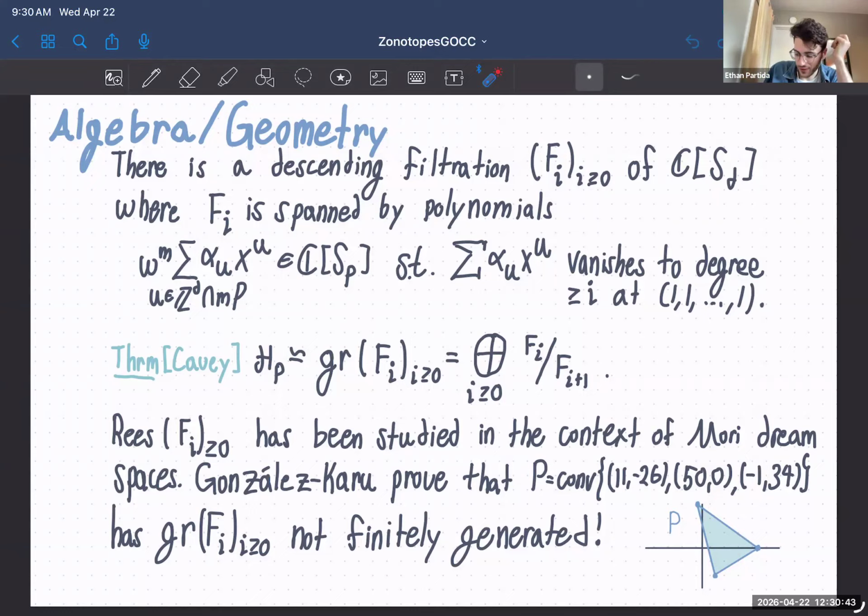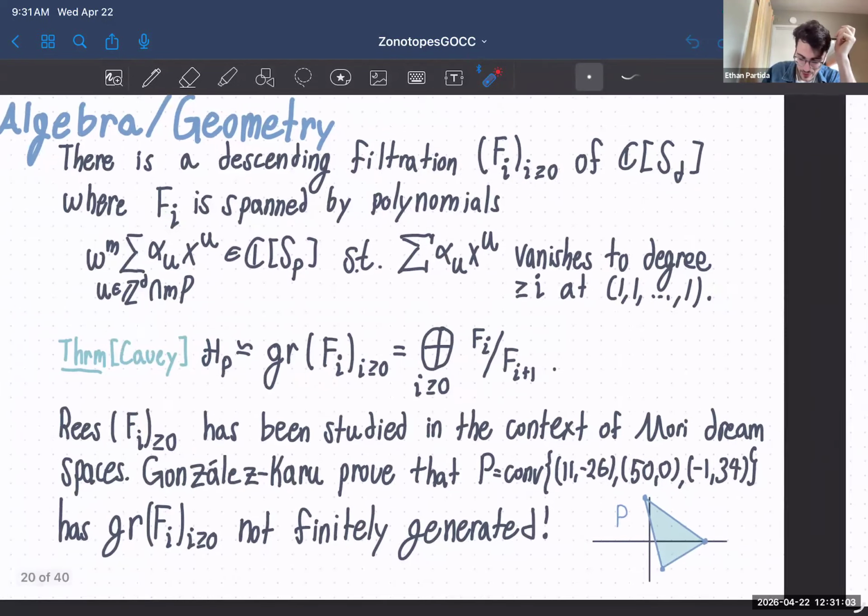Which I think is a very strange fact. The proof is not so straightforward. There are lots of things to check, which makes sense because I don't really have that many tools to prove a ring is not finitely generated.